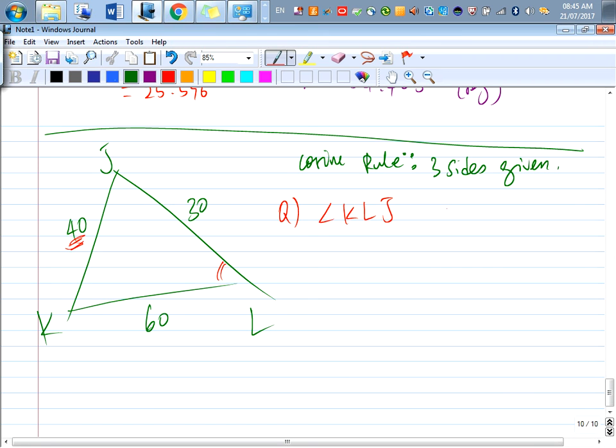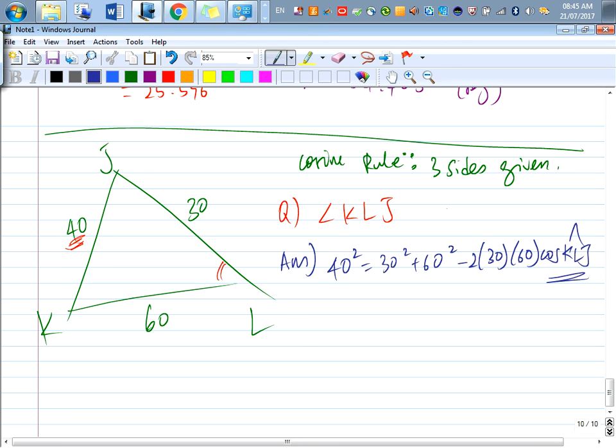So my equation will be 40 square equals the other 2 sides, we square them. 30 square plus 60 square minus 2 times 30 times 60 cosine the included angle, which is KLJ. So this angle, I have my equation. I can make cosine KLJ my subject.